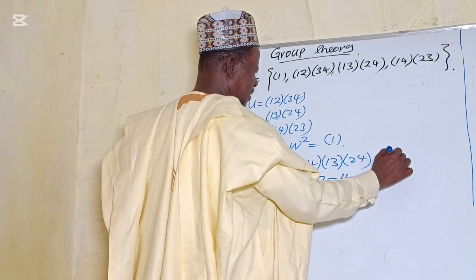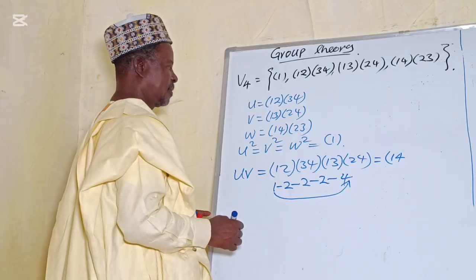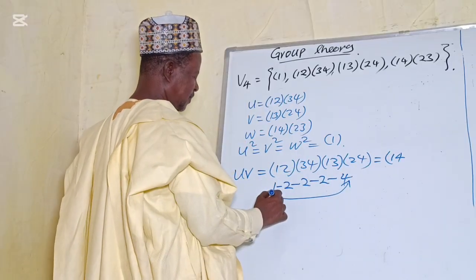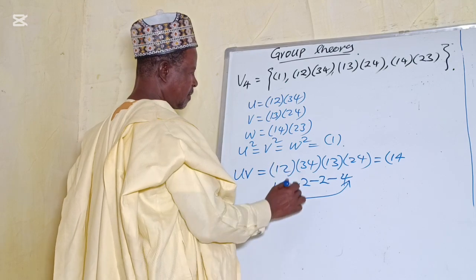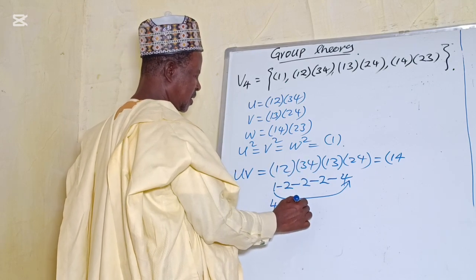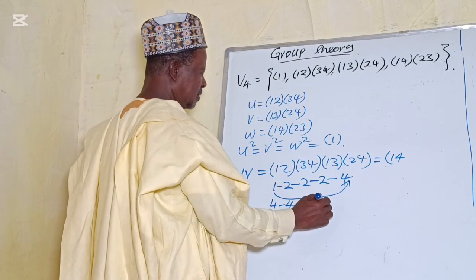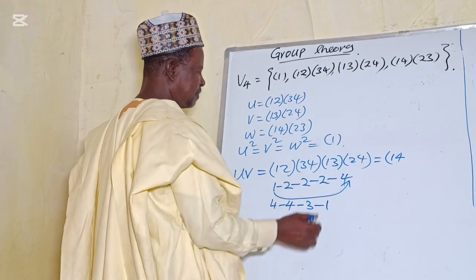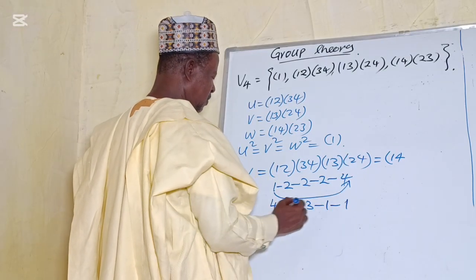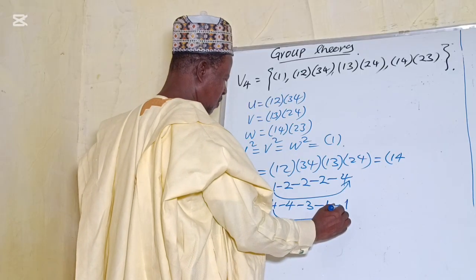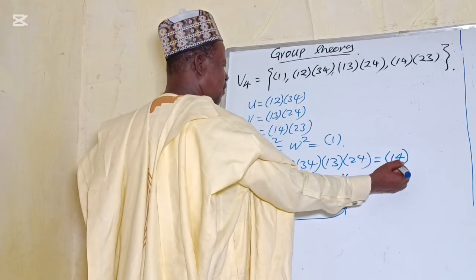Now where is 4 mapped onto? In the first cycle, 4 is fixed, but 4 is mapped onto 3 in the second cycle. 3 is mapped onto 1 in the third cycle, and 1 is fixed in the fourth cycle. So ultimately 4 is mapped onto 1, so I will close this: 1 to 4, 4 to 1.